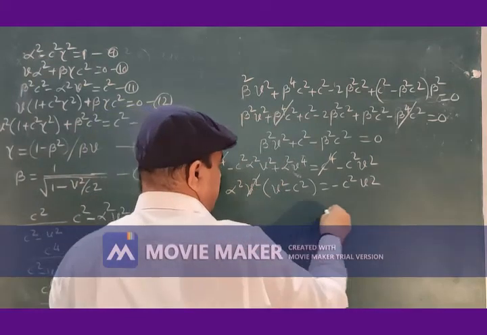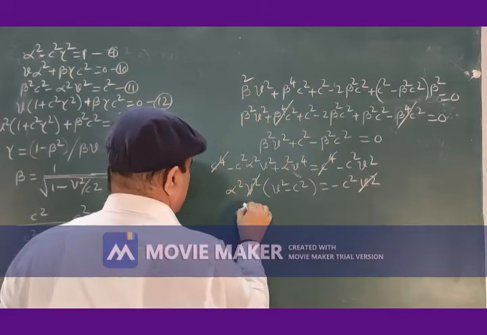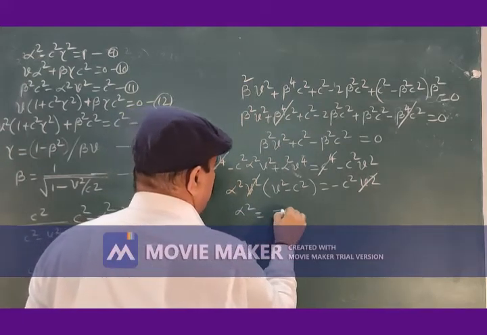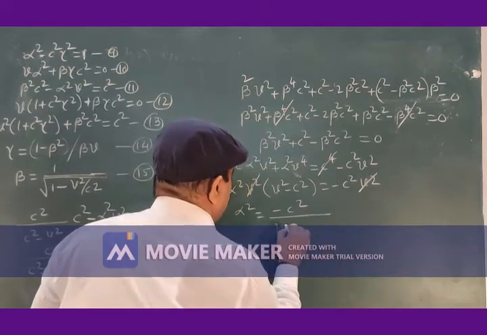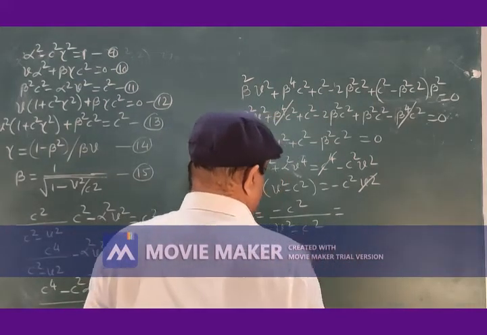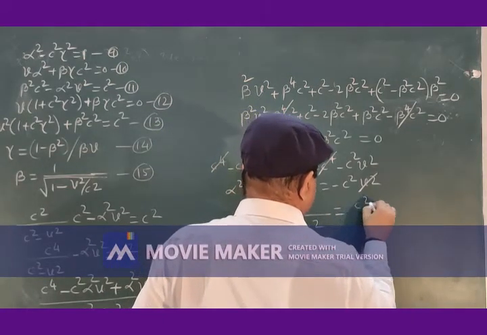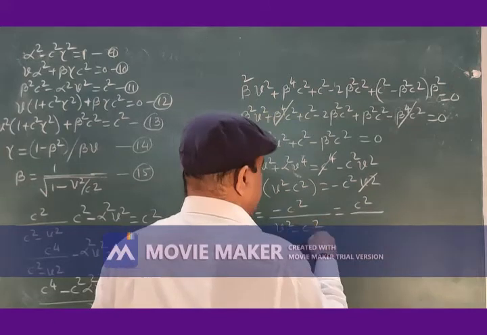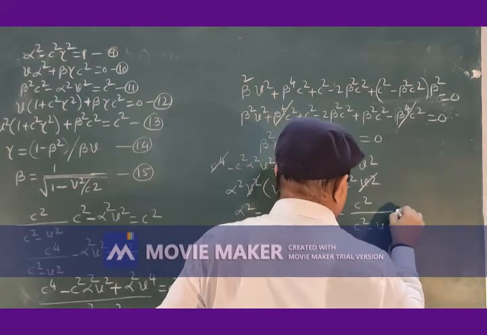This v square simply gets cancelled with this v square, and we have alpha square is equal to minus c square divided by v square minus c square. This is for the alpha. c square divided by this, the minus sign is taken down, c square minus v square.